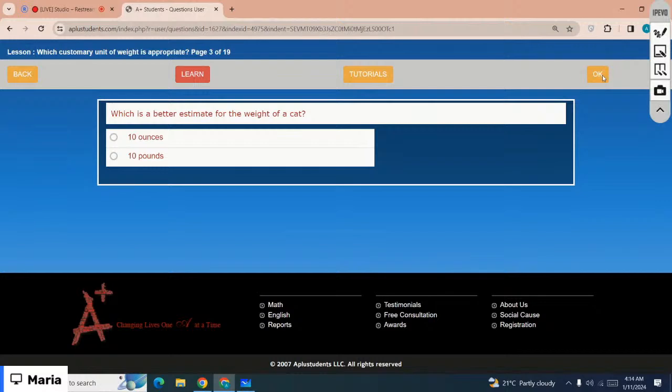Which is a better estimate for the weight of a cat? 10 ounces or 10 pounds?